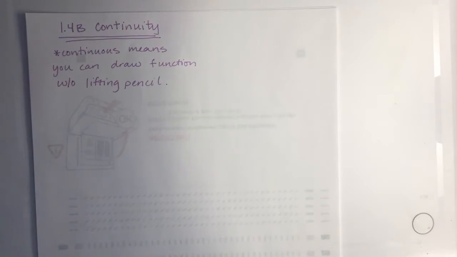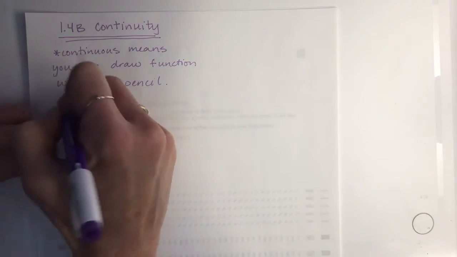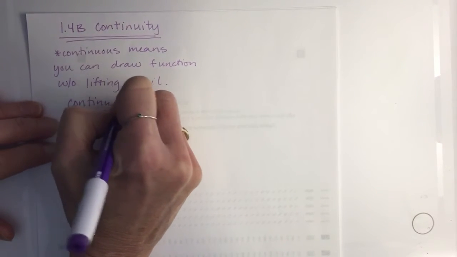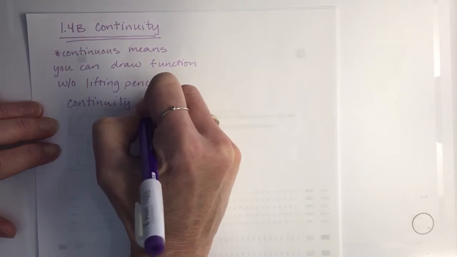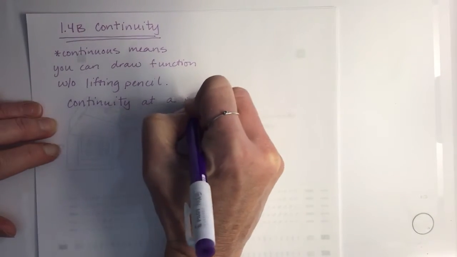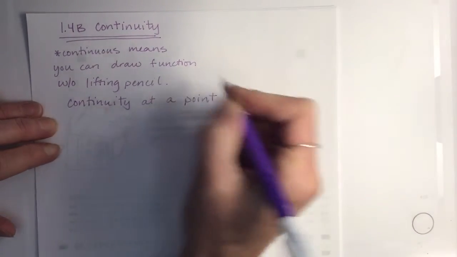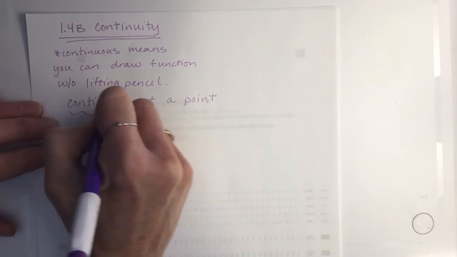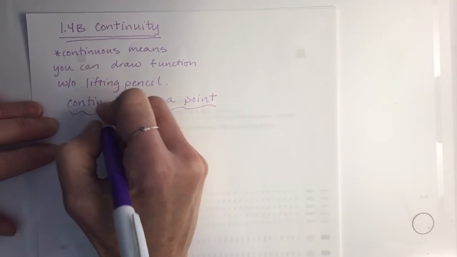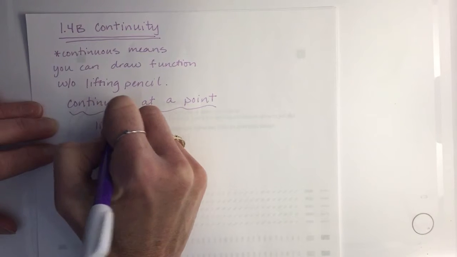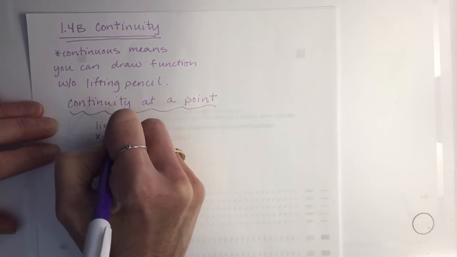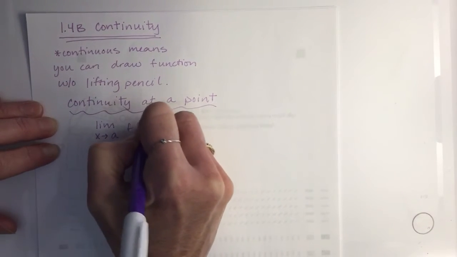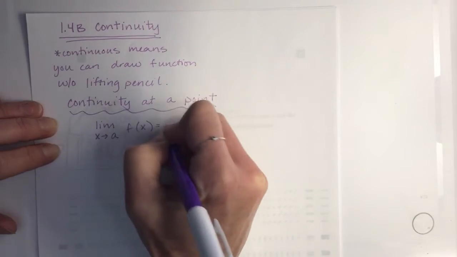Now we typically talk about continuity at a point. I'm not going to write out the formal definition because I don't think it helps us that much. But continuity at a point just means that the limit exists at a point and it equals some number.